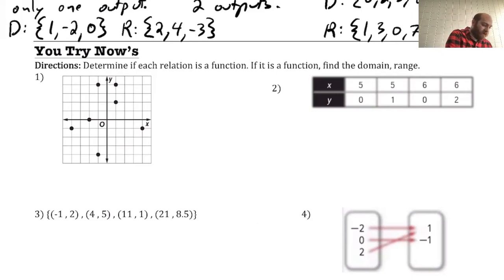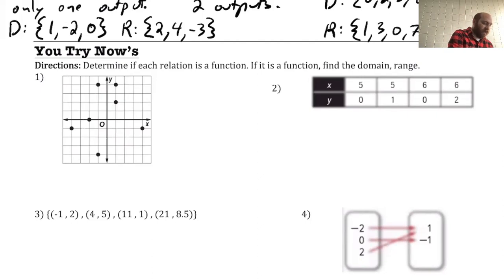There are two places where a vertical line doesn't work. You look here, it hits twice here, and also hits twice here. There are 2 times that it fails. So a vertical line cannot do that. I'll show it a different way.